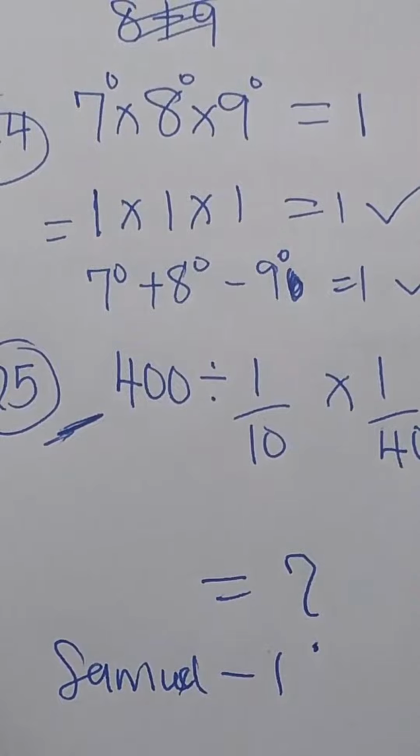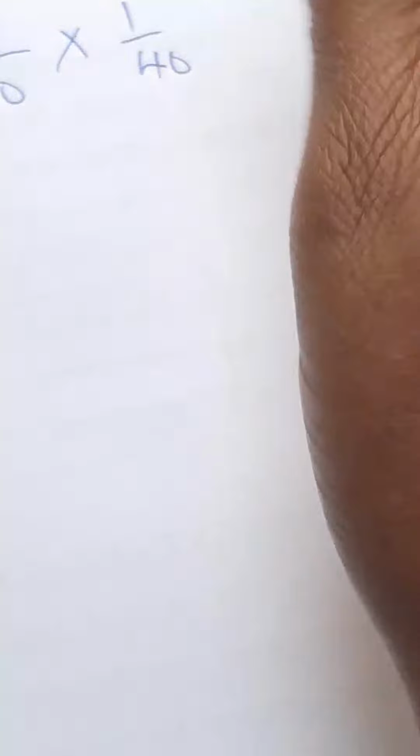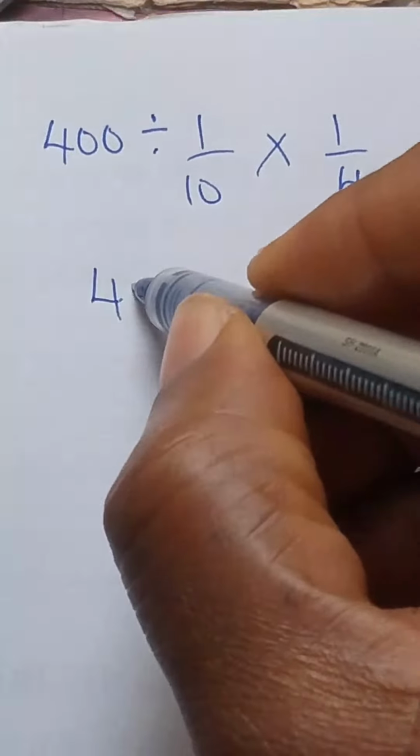So let me solve this question, okay? We have 400 divided by 1 over 10 times 1 over 40, okay? So let's solve this. We write 400.